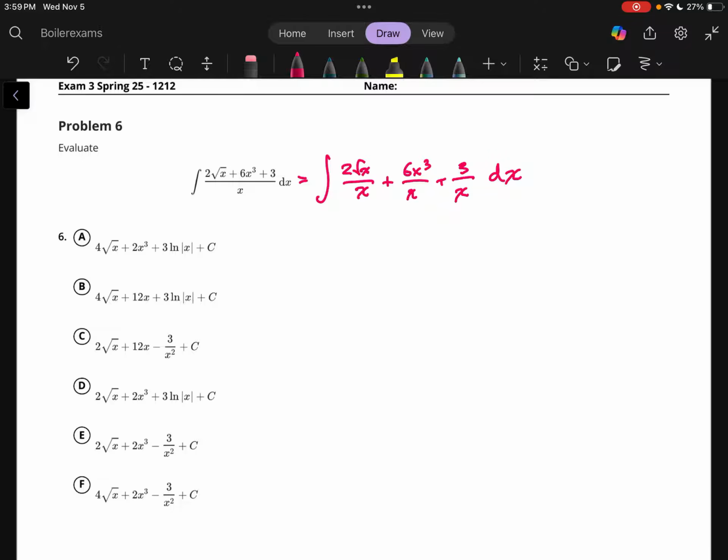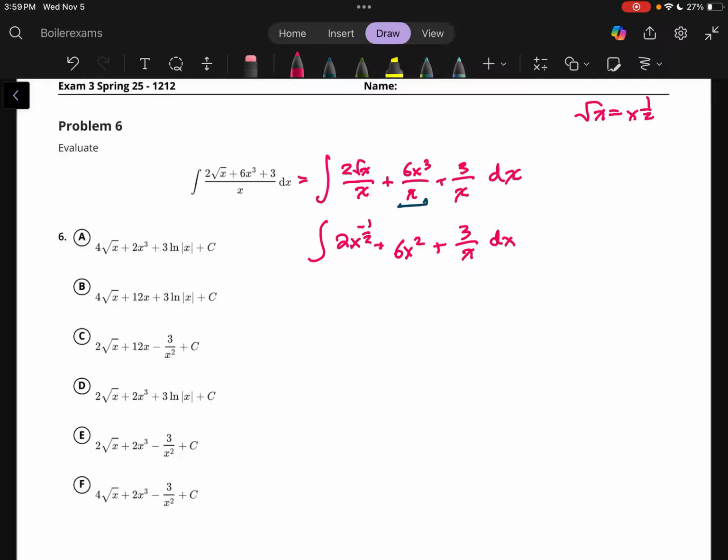It's most obvious with the center term: we can simplify 6x cubed over x to 6x squared. For the first term, 2 root x divided by x simplifies to 2x to the power of negative 1/2, because of our exponent rules: square root of x is equal to x to the power of 1/2. This is important for finding antiderivatives. We can't really simplify 3 over x, but that's okay.